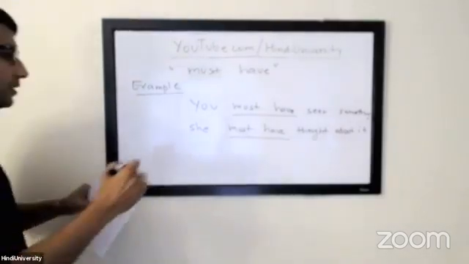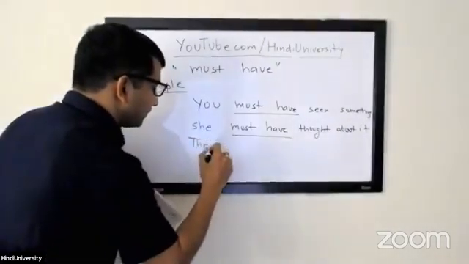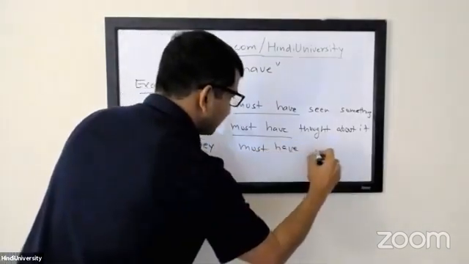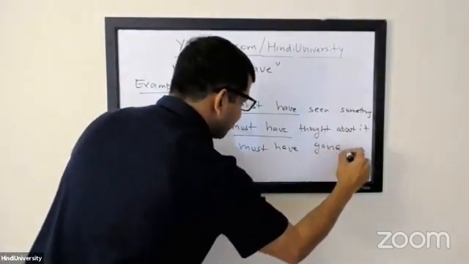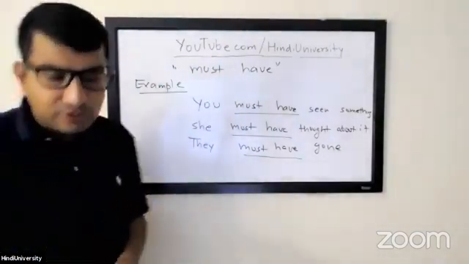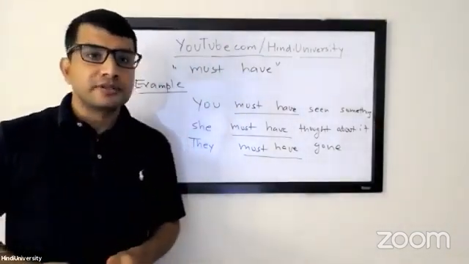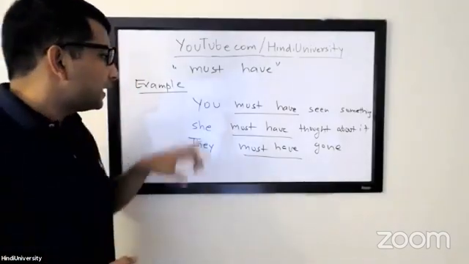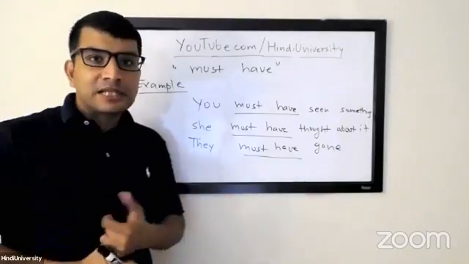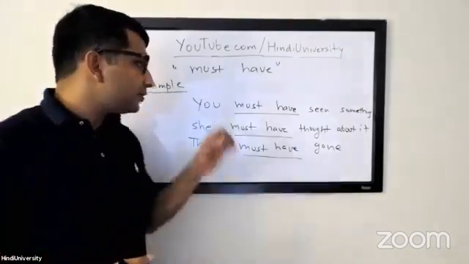They must have gone. These are just some examples, but you know what I'm talking about, right? Even in our day-to-day conversations, we use sentences like these, where there is a possibility, but at the same time, there is a little bit more surety to it. Okay.